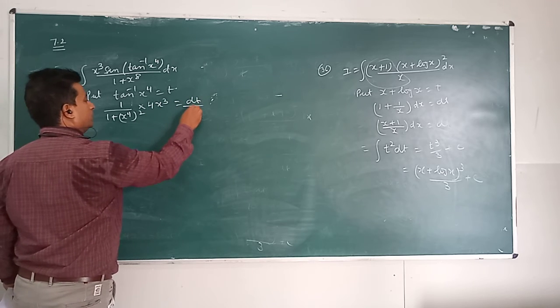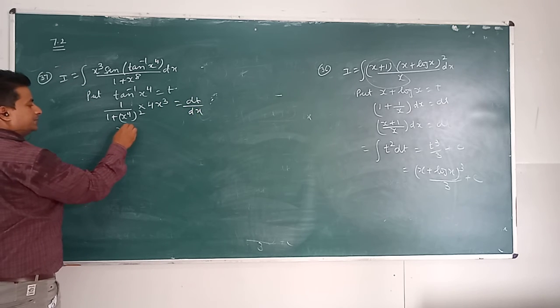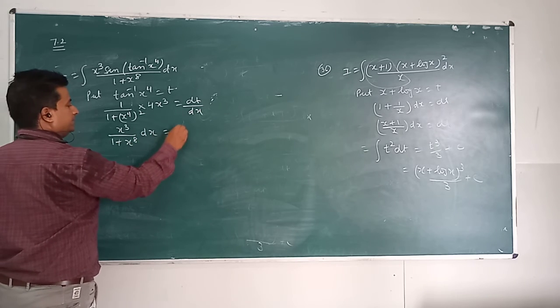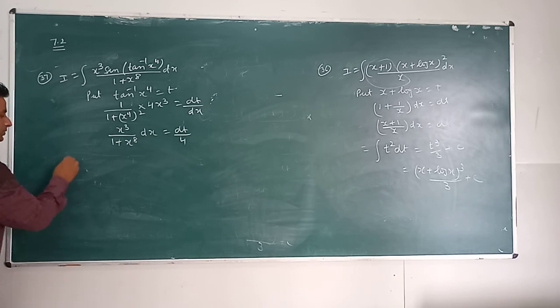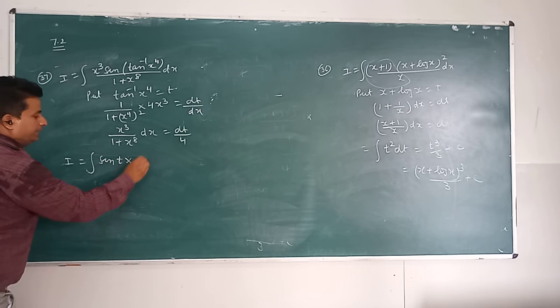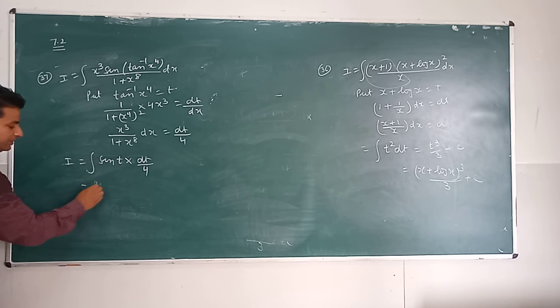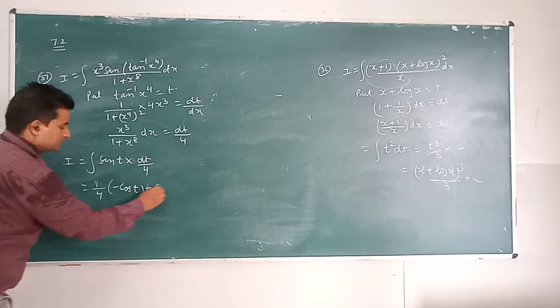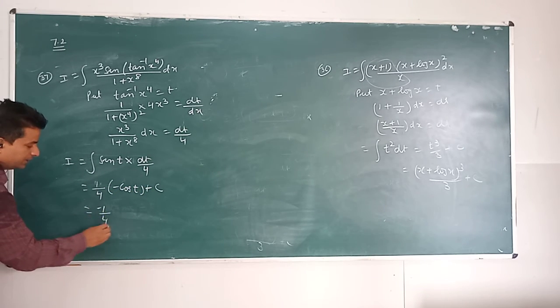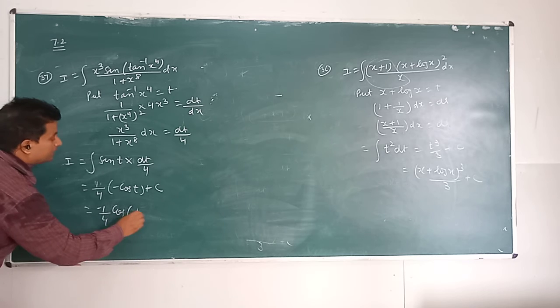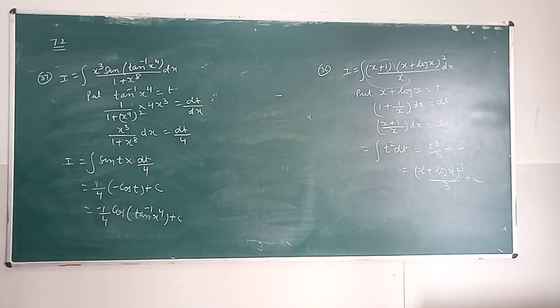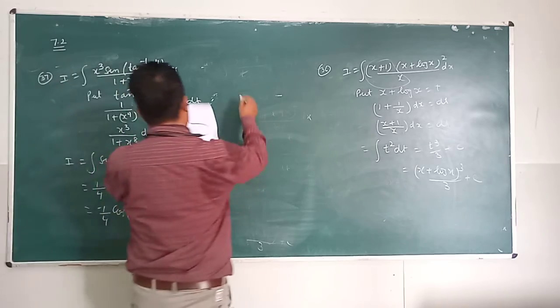This is dt upon dx. So its derivative is 1 plus x8, x cube dx is dt upon 4. So it becomes sin t into dt upon 4. Take 1 upon 4 outside. Integration of sin t is minus cos t. So the answer is cos(tan inverse x power 4) plus c. This is the answer of this question.